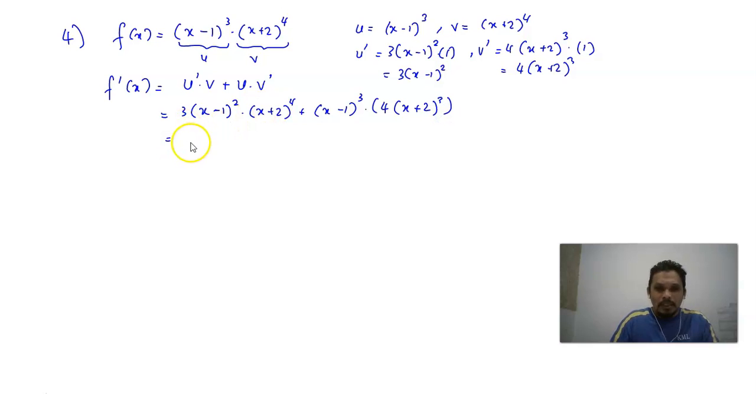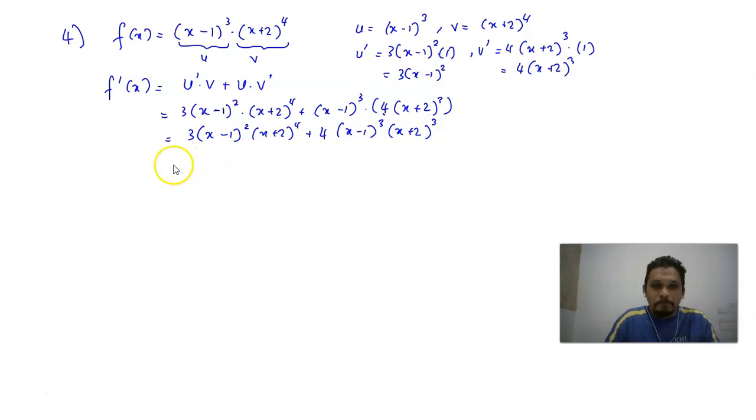Okay, so it is now 3(x minus 1) squared (x plus 2) to the power of 4, then plus 4(x minus 1) cubed (x plus 2) to the power of 3.